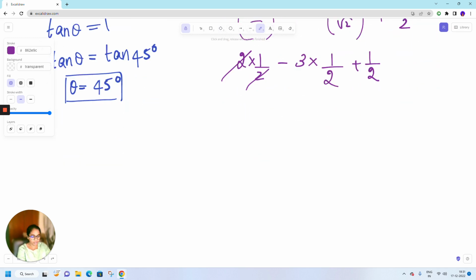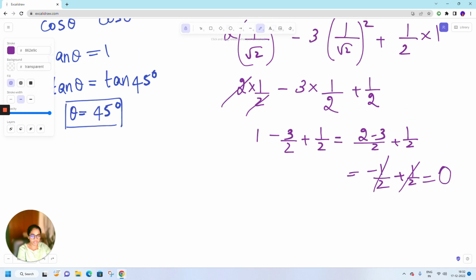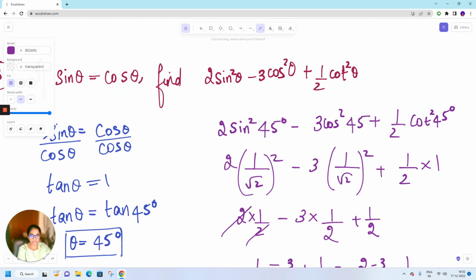I have 1 minus 3 by 2 plus half. If I take LCM of 1 and 3 by 2, that would be 2 minus 3 by 2 plus half. What is 2 minus 3? It is minus 1 by 2 plus 1 by 2. These both get cancelled and I would get 0. So 0 is our answer.